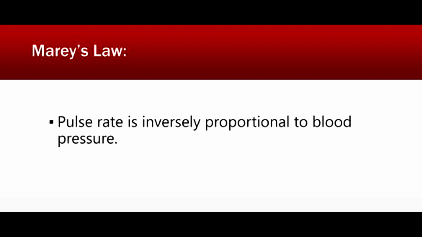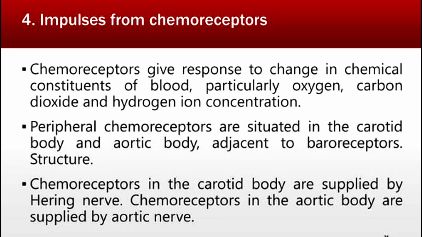Fourth is the impulses from the chemoreceptors. The chemoreceptors respond to change in the chemical constituents of blood, particularly oxygen, carbon dioxide, and hydrogen ion concentration. These peripheral chemoreceptors are situated in the carotid body and aortic body adjacent to the baroreceptor structures.